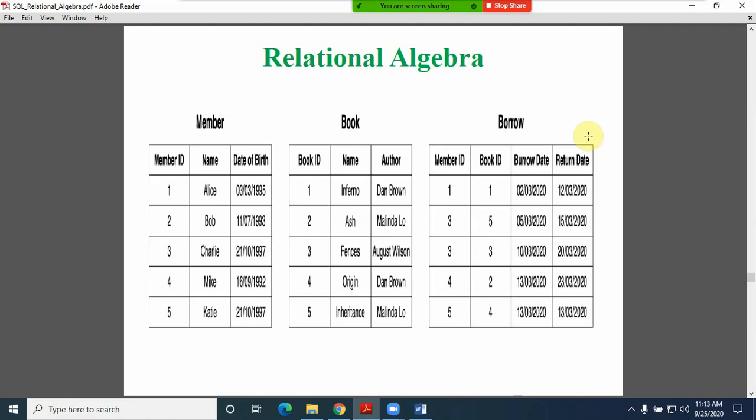Similarly, you can do it another way: subtract the members of the borrow from the members. Since members 1, 3, 4 and 5 are all available in borrow, all those members will be removed except member 2, so only the second member is going to be the output.